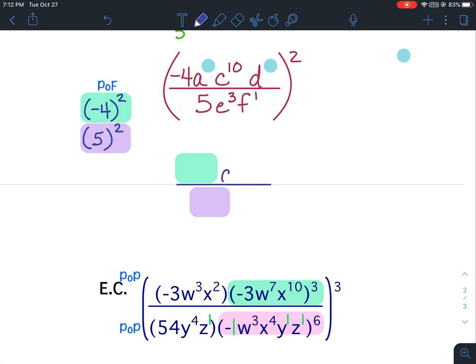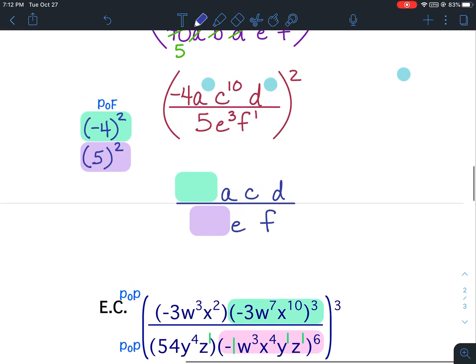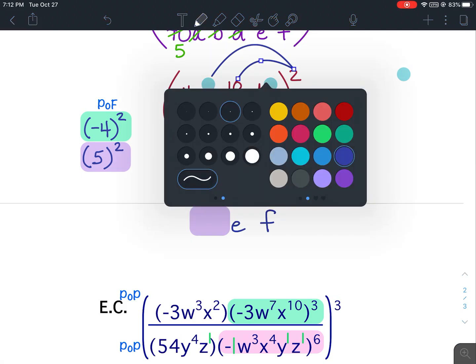On top, we'll still have A, C, and D. On the bottom, you'll have E and F. To finish this, you're going to need to multiply your exponents. Go ahead and do that now.